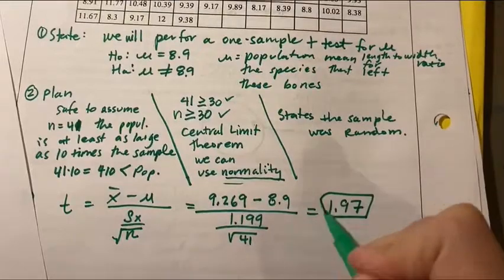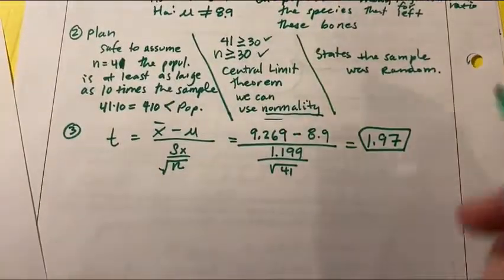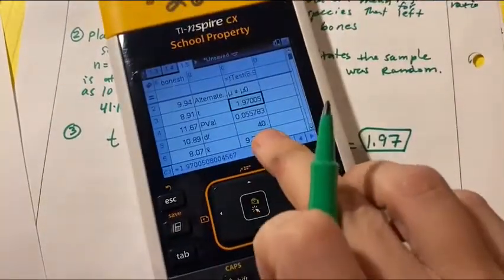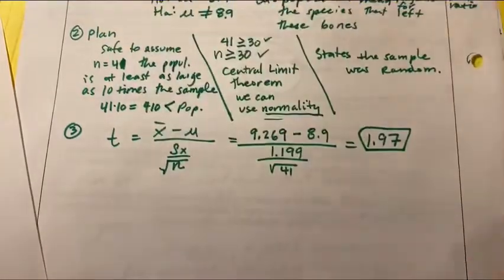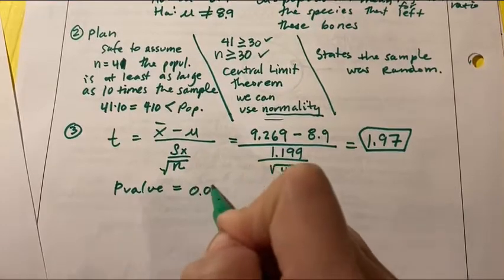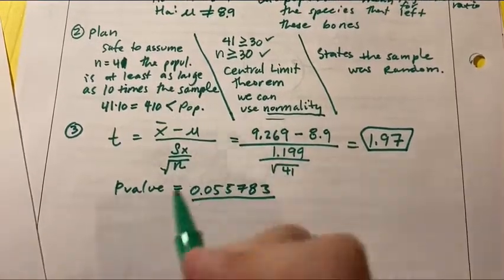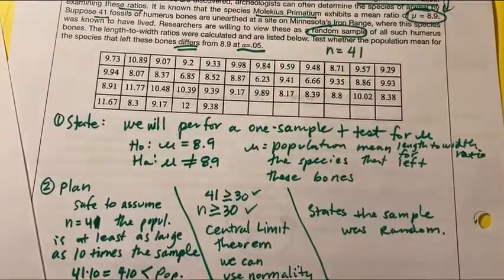So using table B, and the calculator has its own table B, it comes up with a degree of freedom of 40 and a p-value, oh, close but no cigar. So we come up with a p-value of 0.055783. We are to perform this at alpha 0.05.